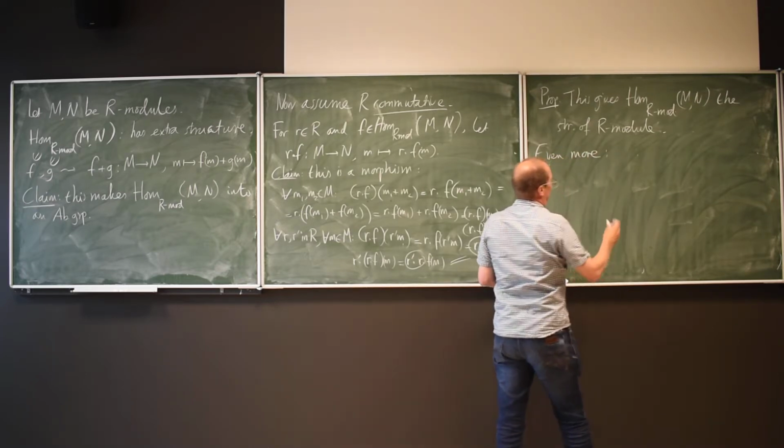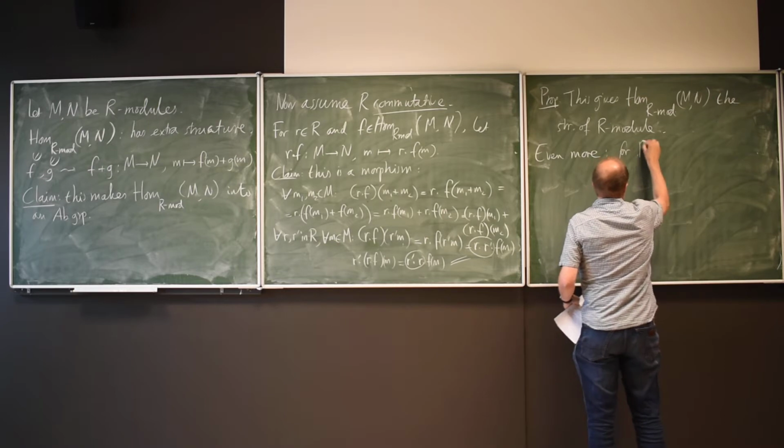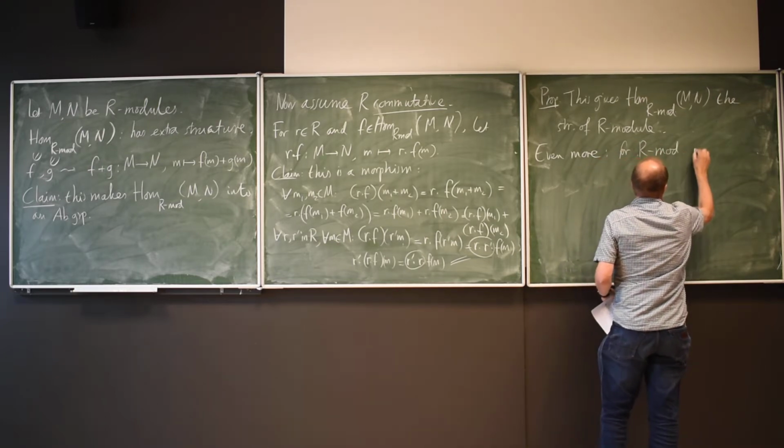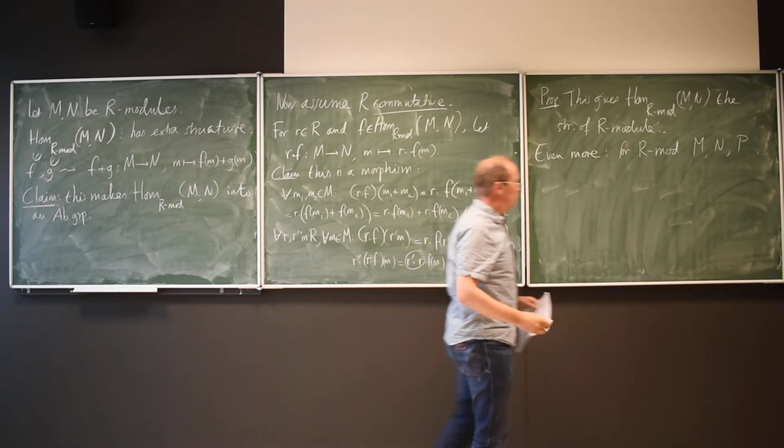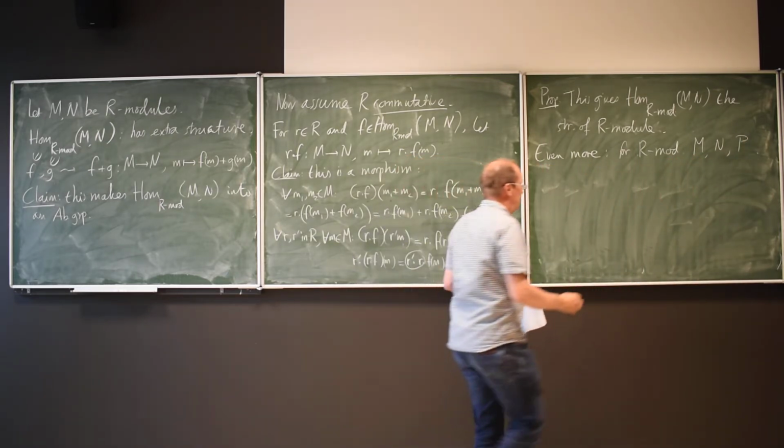So if we have R modules, say M, N, and P, we can also look at whether the composition map has some special property.